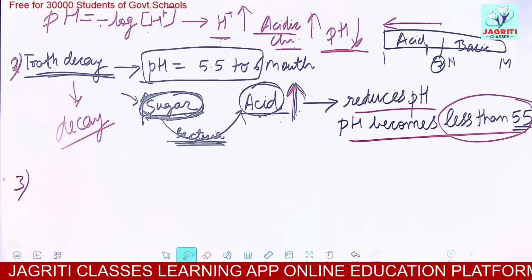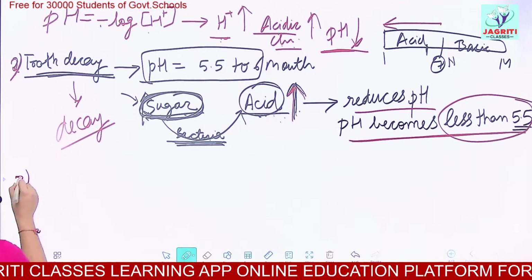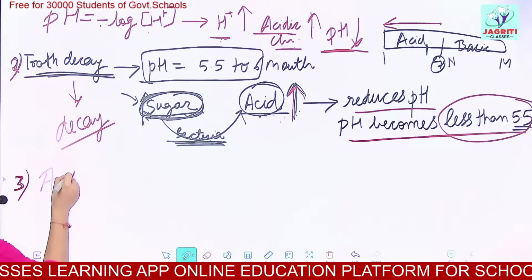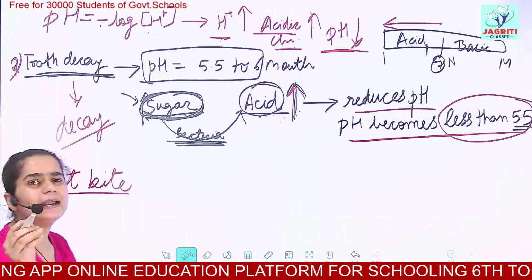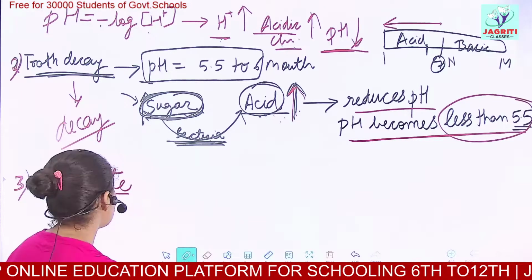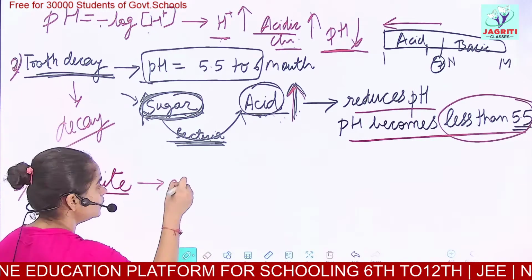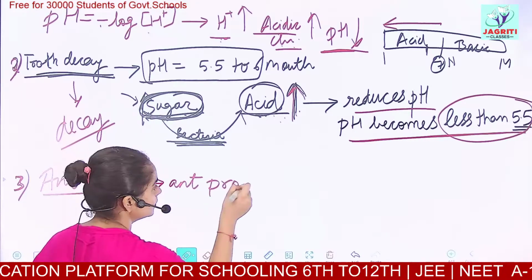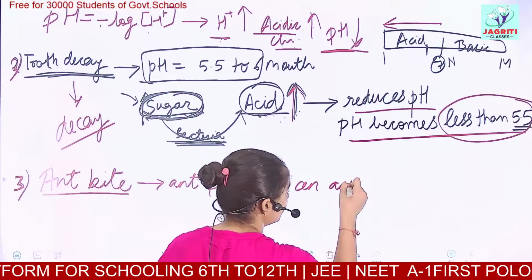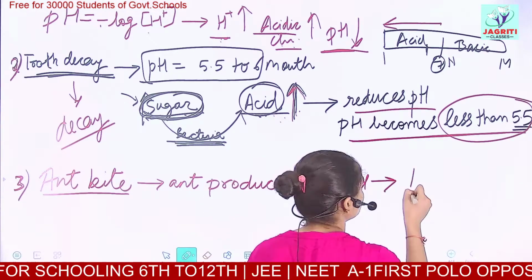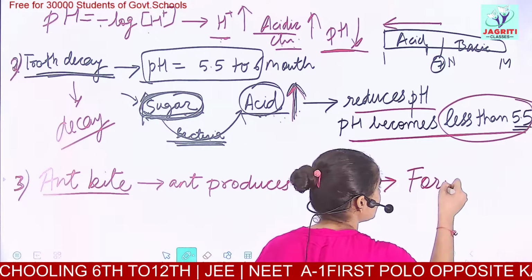Now we will discuss the third application or importance of pH. It is ant bite. You see, whenever an ant bites us, the ant produces an acid. And this acid which the ant produces is generally formic acid.